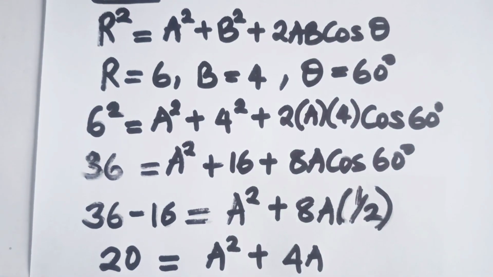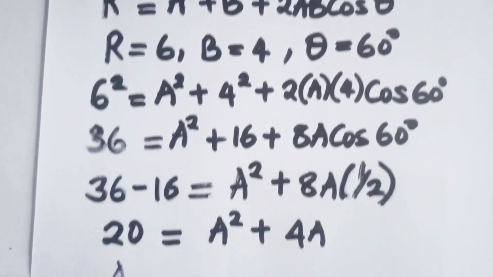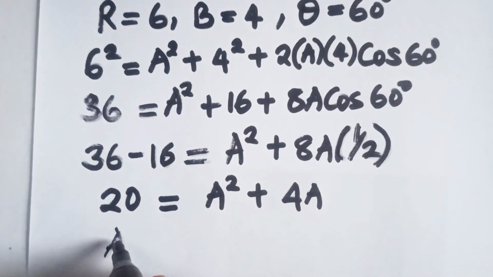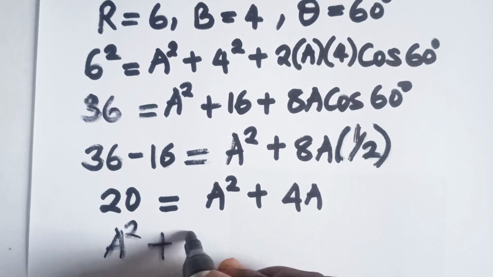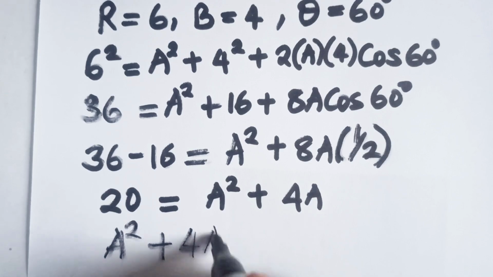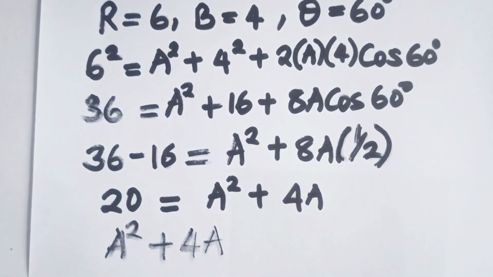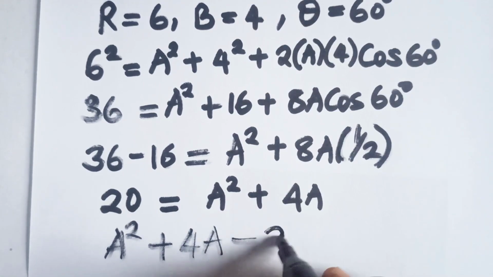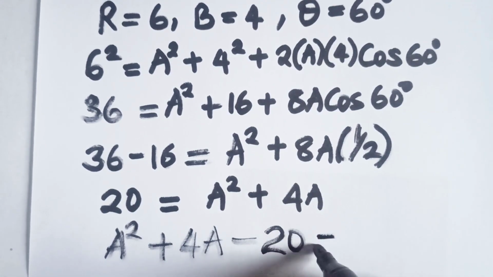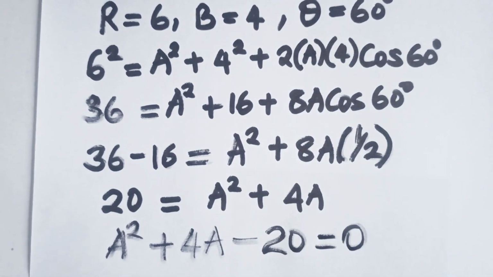So we can rearrange this to have A squared plus 4A minus 20 is equal to 0.